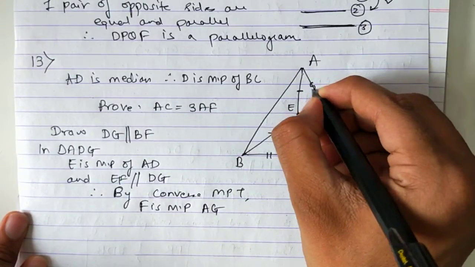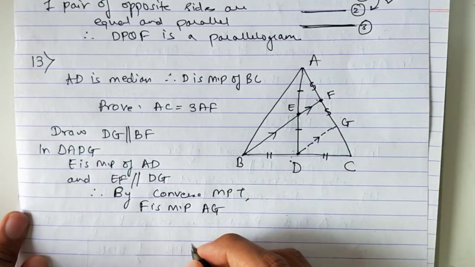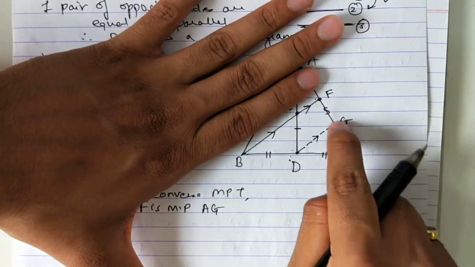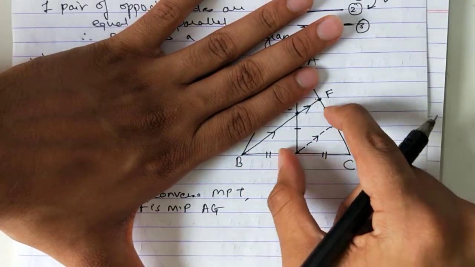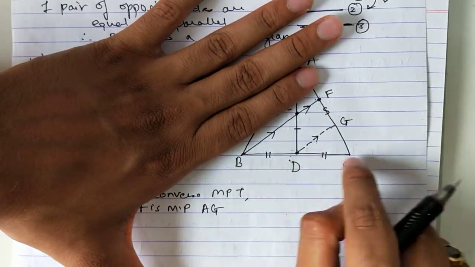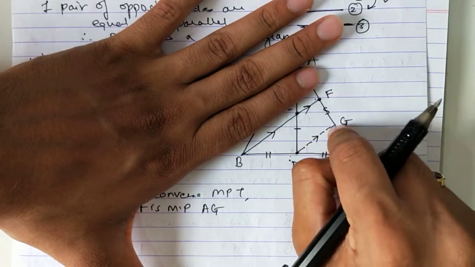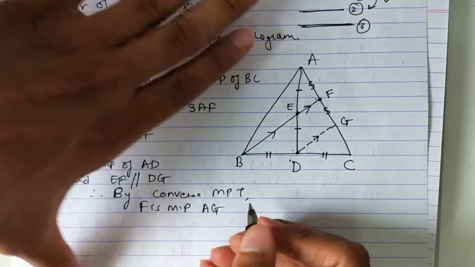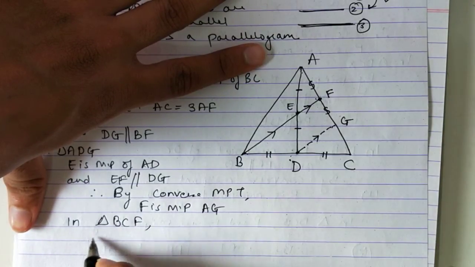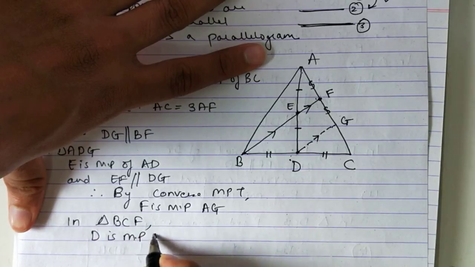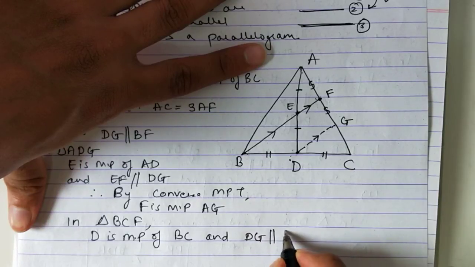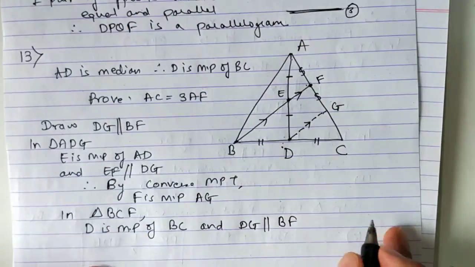तो मैंने ये प्रूव कर लिया कि ये और ये सेम है. ठीक है. अब now I'll forget this part. Now look at this triangle, starting from C like this triangle. इस triangle में this D is the midpoint of BC and this line DG is parallel to BF, correct? See, in triangle BCF, D is the midpoint of BC and DG is parallel to BF.